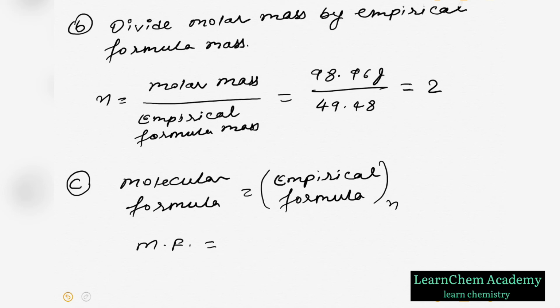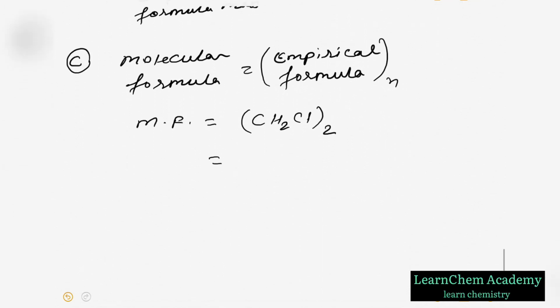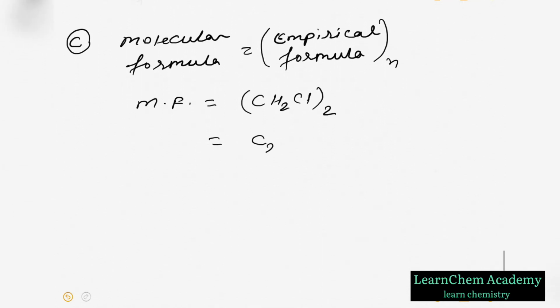Our empirical formula is CH2Cl and the value of n is 2. So we can write it as C2H4Cl2. This is the molecular formula of our given compound. In this way we can calculate the empirical formula and molecular formula step by step.